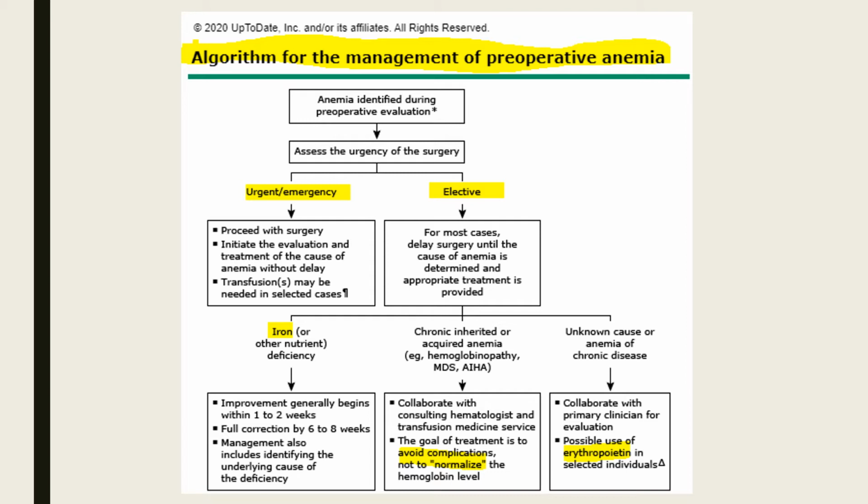The goal of treatment is a little bit different, as it will not normalize the hemoglobin level. Okay, for anemia due to unknown cause or due to chronic disease, the clinician will collaborate with the primary care team for further evaluation. There is a possibility to use an erythropoietin stimulating agent for this category.